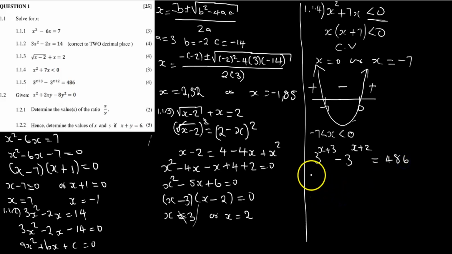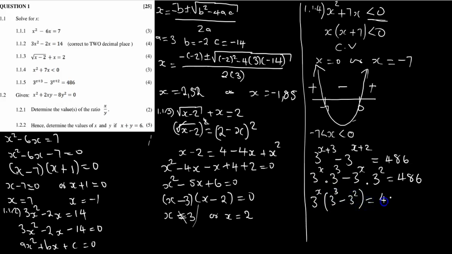You can write this as 3 exponent x multiplied by 3 exponent 3, minus 3 exponent x multiplied by 3 exponent 2, equals 486. Then from there you take out the 3 exponent x as a common factor. You are left with 3 power 3, which is 27, minus 3 power 2, which is 9. That equals 486, and 27 minus 9 gives us 18, so you can just divide by 18 both sides.